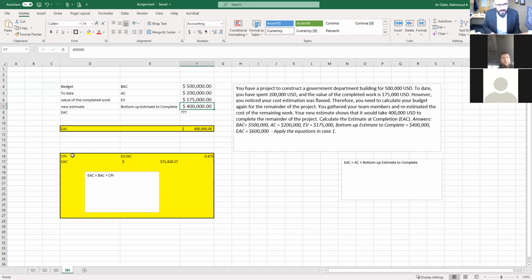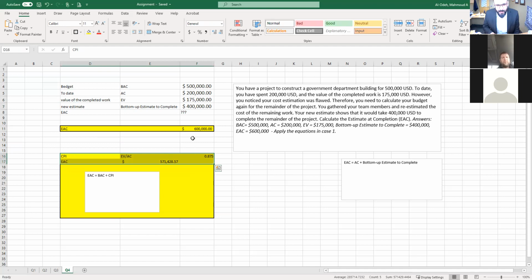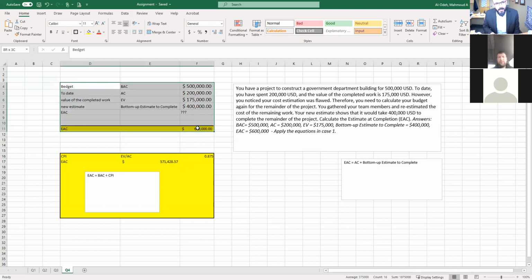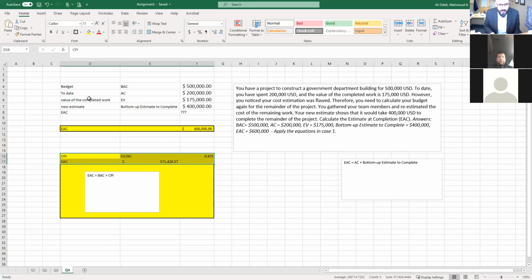But again, this is also a valid measure. So this is accurate and this is accurate, but they're taking different perspectives. One is taken by re-estimating package by package, activity by activity. And this one is taken from the upper management perspective, where they say, okay, show me what your performance is. Your performance is right here.